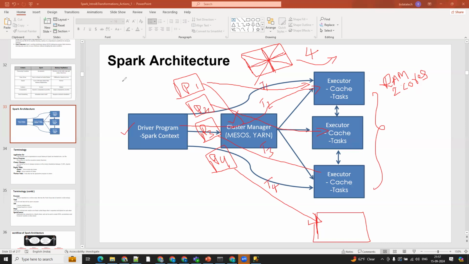That means if I have 40 lines of text here, 10 lines are given to each one. Wherever your data is there, the program will go there. Wherever your data is residing, your program will go and sit there and execute on top of that data.